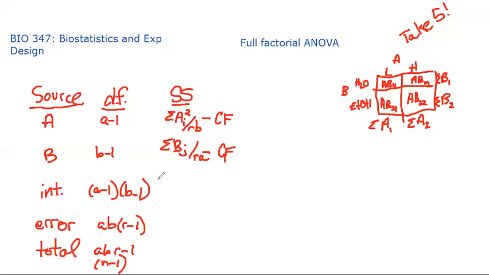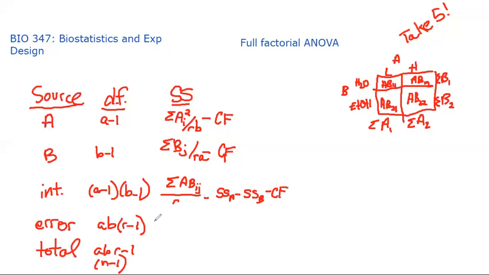For the sums of squares of our interaction term, we're going to take the sum of each of those cells, so I, J, each of those combinations, and we're going to divide it by the number of replicates R. And note, we need to get rid of the sums of squares we already accounted for. So we're getting rid of these sums of squares, and the correction factor.